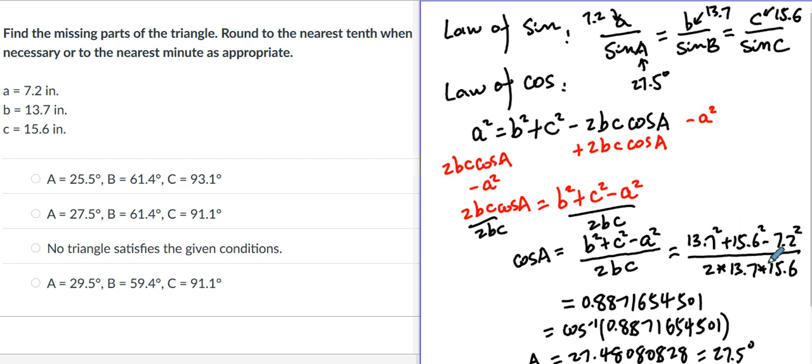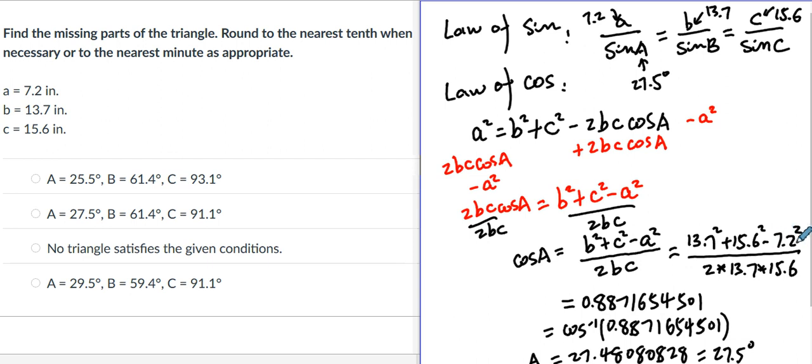Here we plug in the numbers. B is 13.7, C is 15.6, and then minus A squared, where A is 7.2.